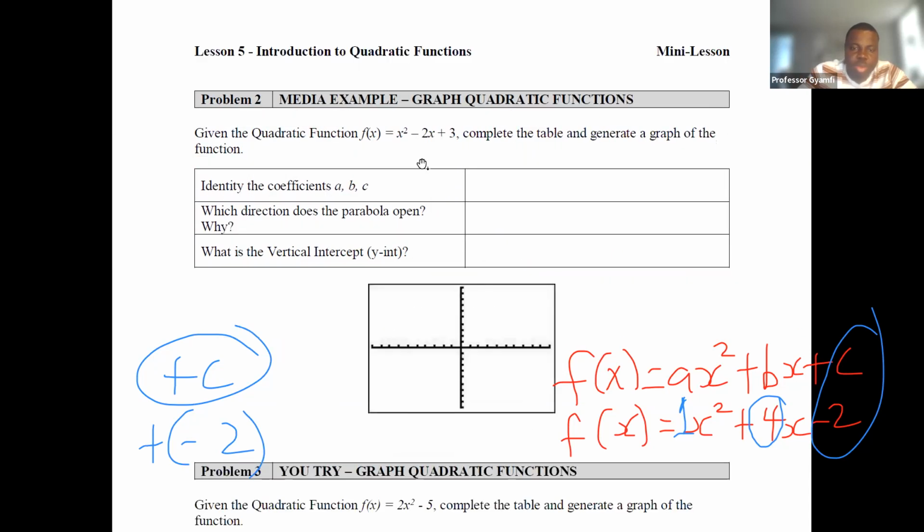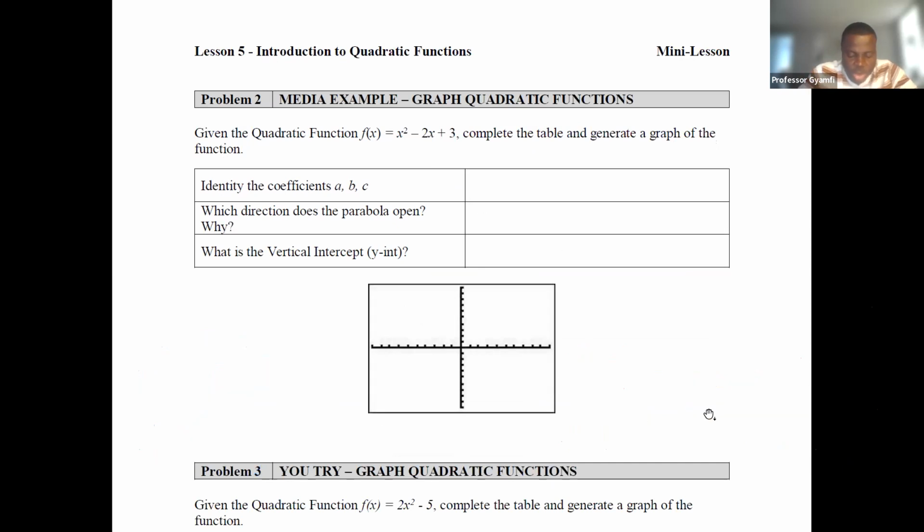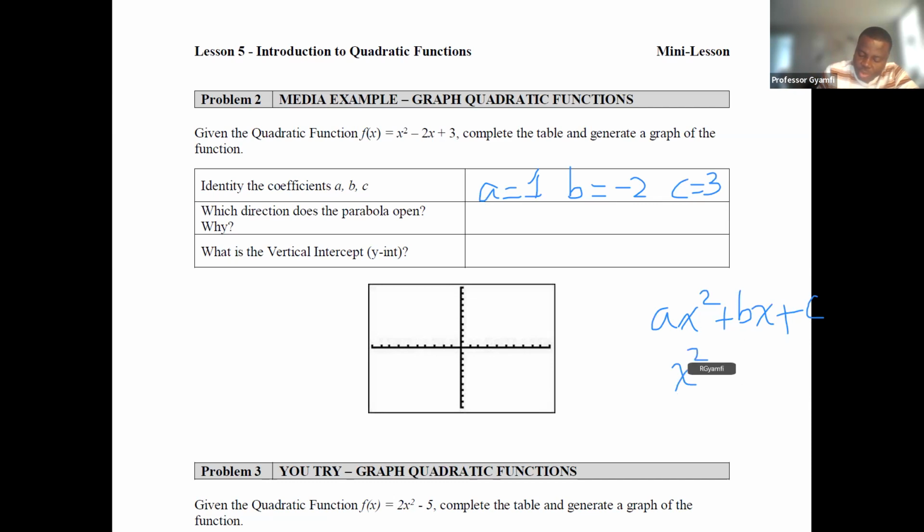Now, let's go to problem 2. In problem 2, we have another function, x squared minus 2x plus 3. We are supposed to complete the table. So a equals 1, b equals negative 2, c equals 3. Where am I getting these values from? ax squared plus bx plus c. x squared minus 2x plus 3.